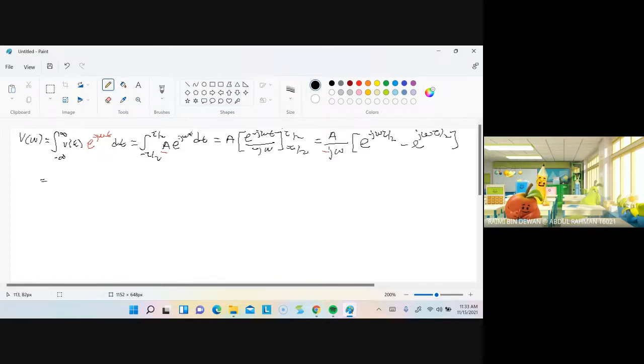If you put inside the 1 over negative j, you will end up with, for example, A over omega, and then you put the negative j inside, so you will have j here, then e to the j omega tau over 2.